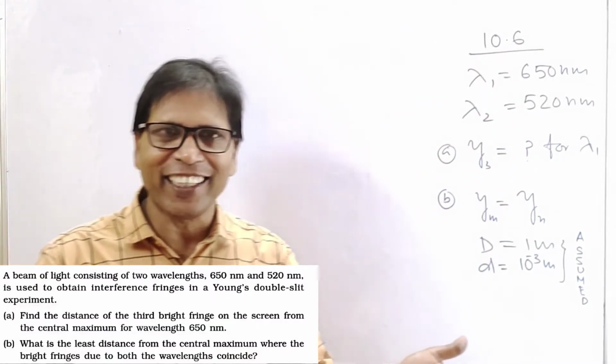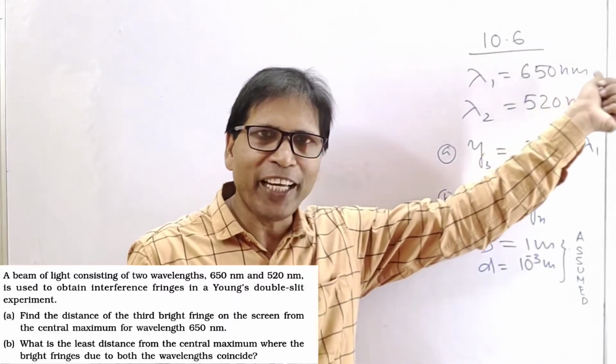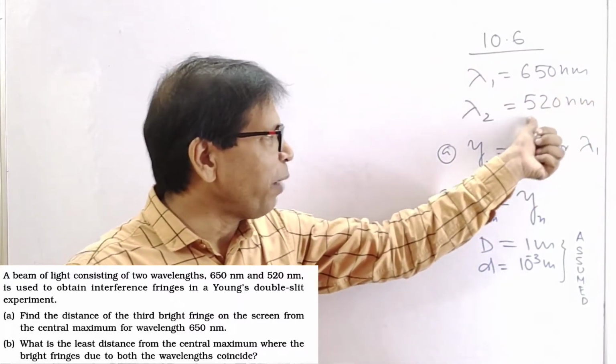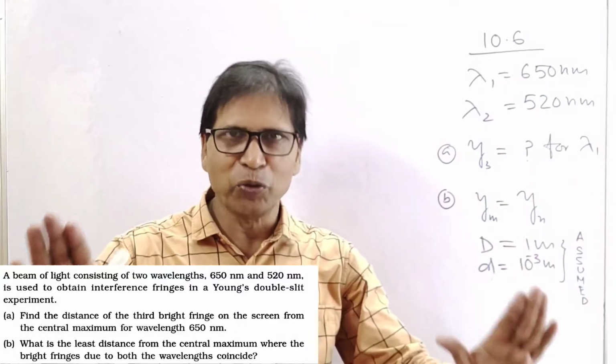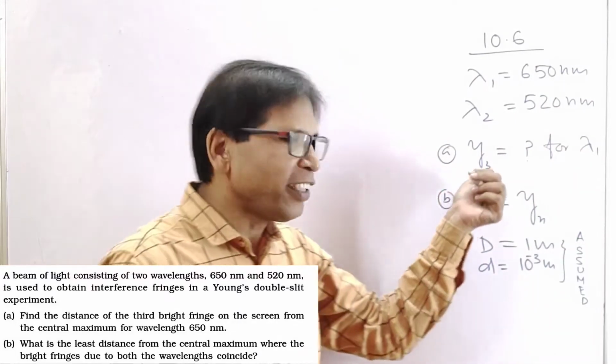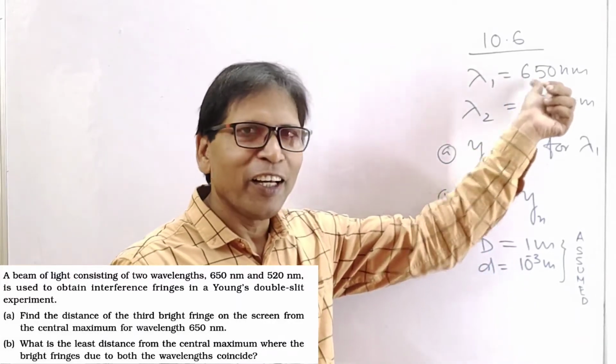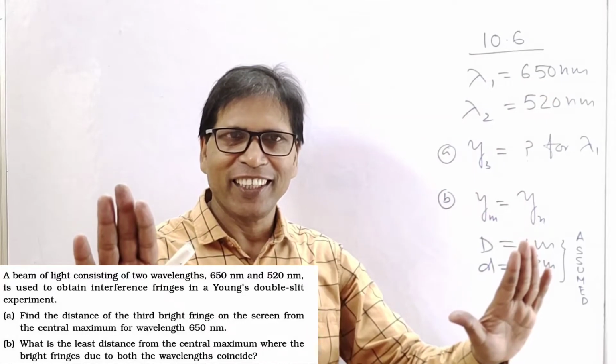Now next, look at this, NCERT 10.6. In YDSE, two colors of wavelength 650 nanometer and 520 nanometer are used. First question, what is the distance of the third bright fringe of the first color from the central fringe?